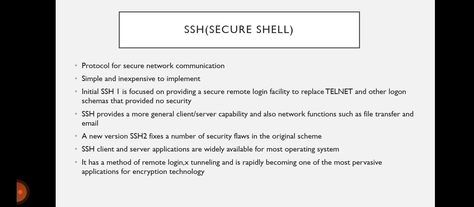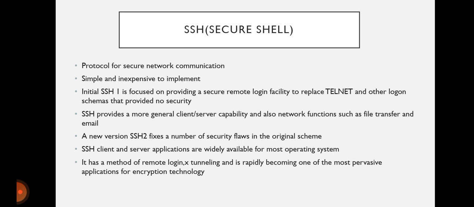Next one, SSH. SSH means Secure Shell. It is a protocol for secure network communication. It is simple and inexpensive to implement. The initial SSH1 was focused on providing a secure remote login facility to replace Telnet and other logon schemes that provide no security. SSH2 provides a more secure client or server capability and also network functions such as file transfer and email.